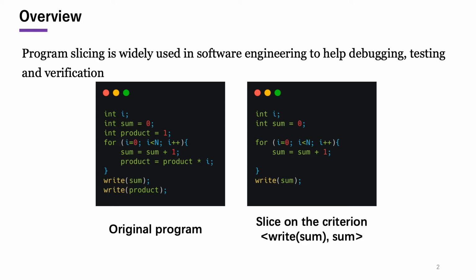Program slicing is widely used in software engineering for various tasks such as debugging, testing, and verification. But existing slicing techniques are mainly designed for traditional programs that are constructed with functions and instructions.